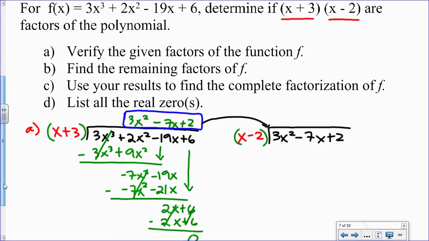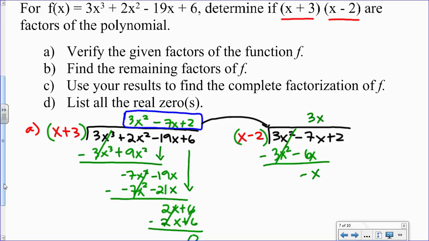All right, what do we have to multiply x by to get 3x squared? 3x. So I have to line it up with this like term and then distribute. 3x times x is 3x squared. 3x times negative 2 is negative 6x. Okay. Subtract down.